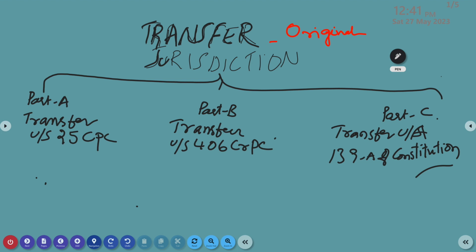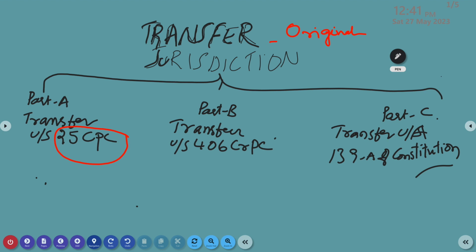What are those? The power of the Supreme Court to transfer any case is given by Section 25 of CPC. So, Section 25 CPC bestows some power on the Supreme Court to transfer cases, and the modalities, procedure, grounds, and everything we will discuss later.